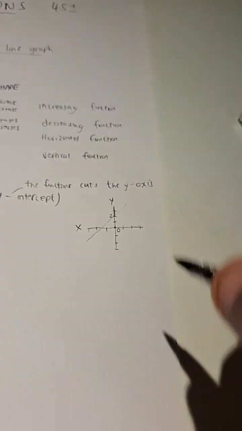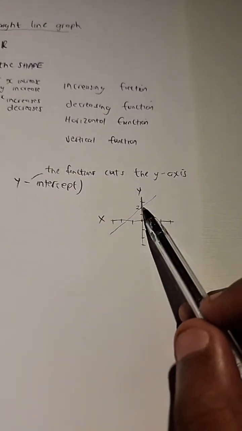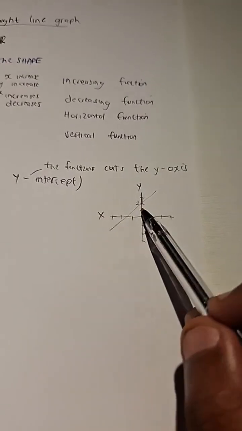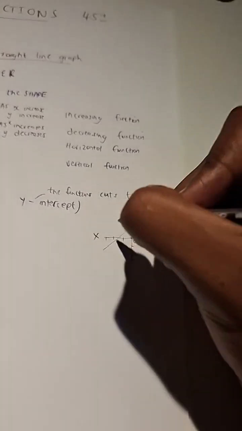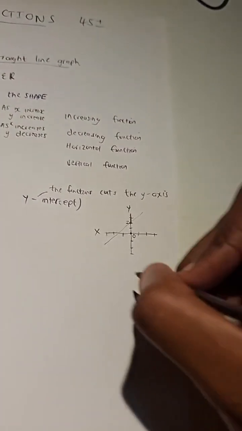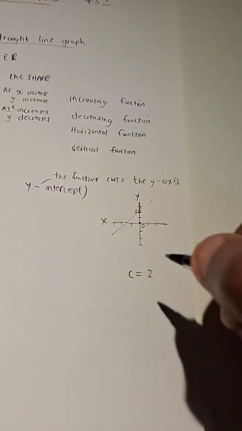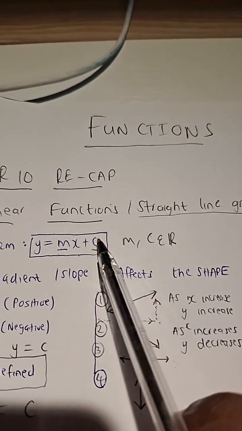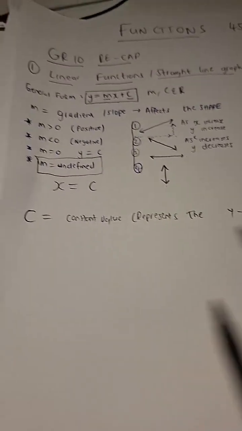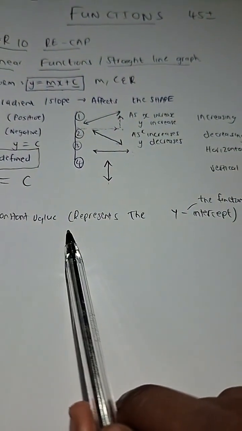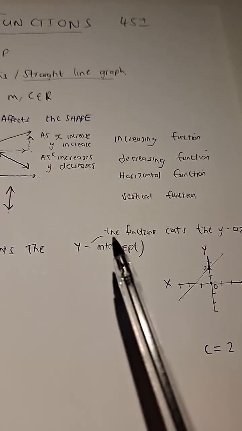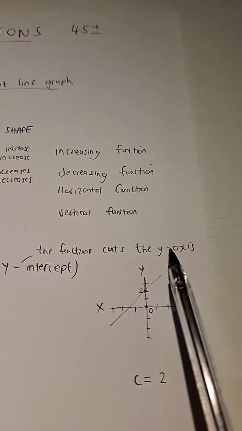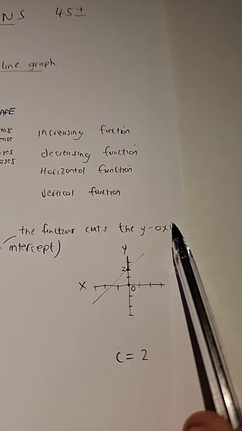Because this straight line, which has a positive gradient, by the way, cuts at 2, you can expect that the value of c for that particular straight line will be 2. So c is a constant value that represents the y-intercept. What is the y-intercept? The y-intercept is where the function cuts the y-axis.